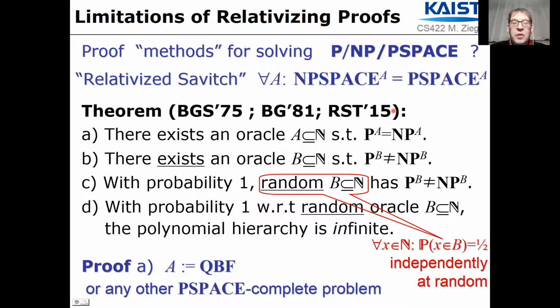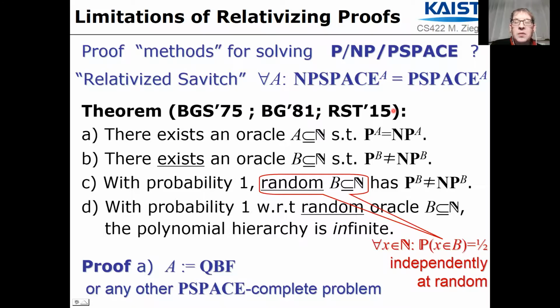So remember, the polynomial hierarchy is an extension of the P versus NP problem. If we could show that the polynomial hierarchy is strict, then it would follow in particular that P is not equal to NP. There are some possibilities that the polynomial hierarchy could be finite. That means it collapses, it stagnates at some kth level.